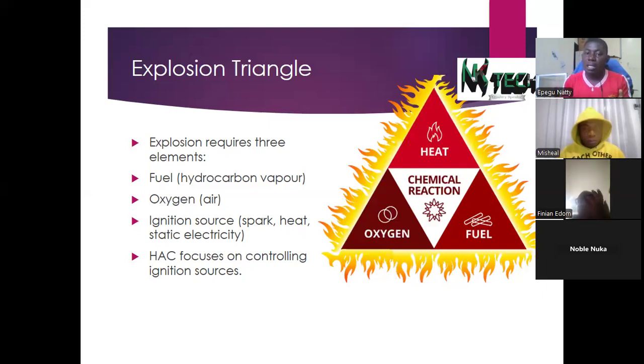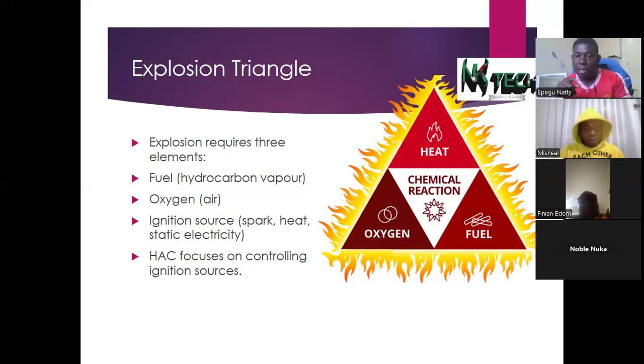Whenever there is a leak, especially a gas leak, and there is a vapor cloud, what usually causes that explosion is either the heat from the surface of an equipment or a spark. Most times from vehicles, some people will just be driving vehicles when there is a vapor cloud, and that spark will ignite, and then everything will explode.